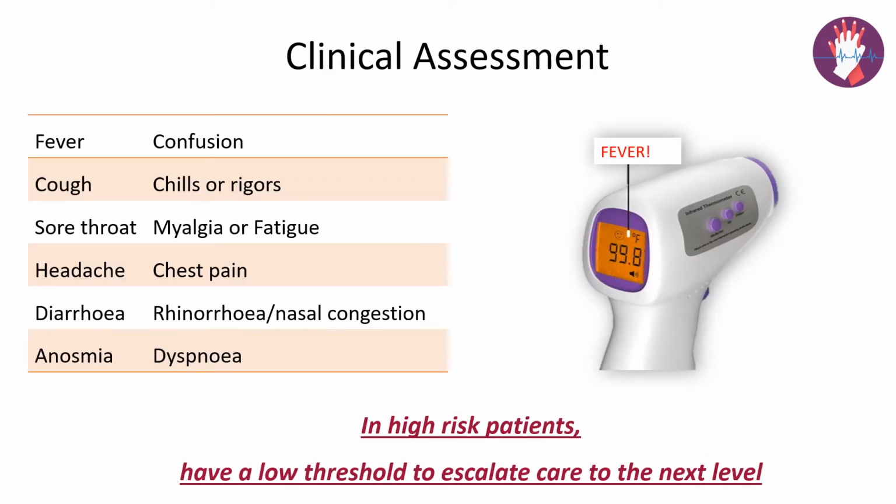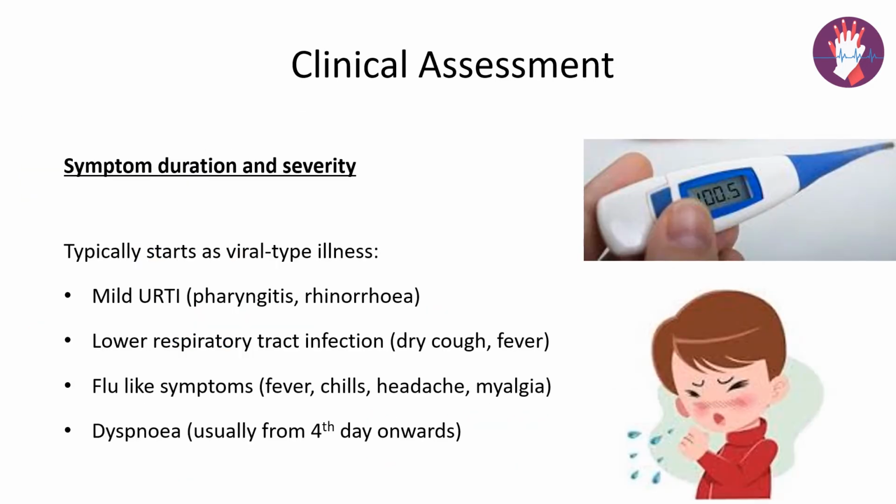The second important one is clinical assessment, which includes screening for symptoms. Just to recap, symptom duration and severity are also important, especially if they develop a persistent cough, fever, and a headache. And this will be associated with hypoxia if the lower respiratory tract is involved.